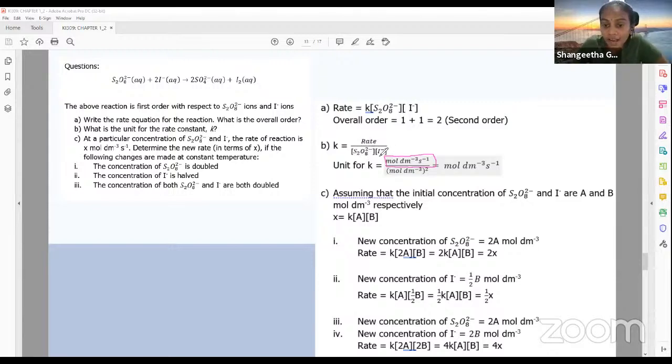The concentration of S2O8 2- is mole per dm cube, and the concentration of I- is mole per dm cube. If you solve this equation, you will get mole per dm cube per second. It's quite simple. You can cancel one of these against this, and you will be left with mole per dm cube per second.